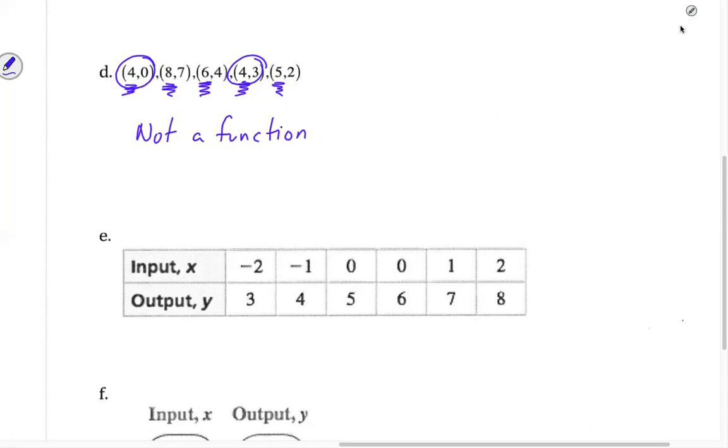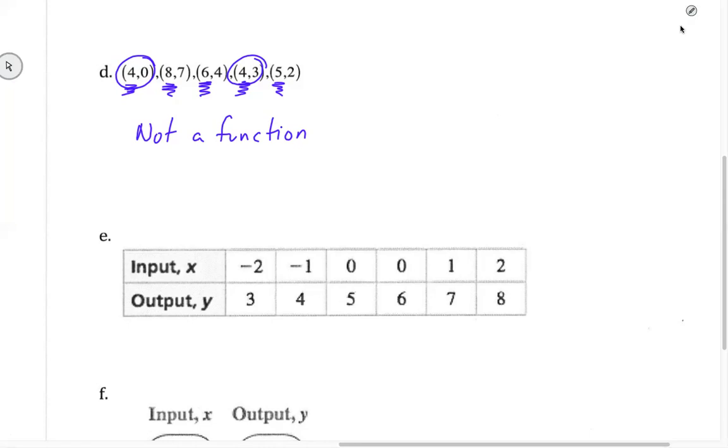What's your take on E? Is it a function or is it not a function? It is. Why is it a function? It follows everything it needs to be. What does it follow? So you see how it goes from 3, 4, 5, 6, 7, 8. Okay, so you said 3, 4, 5.